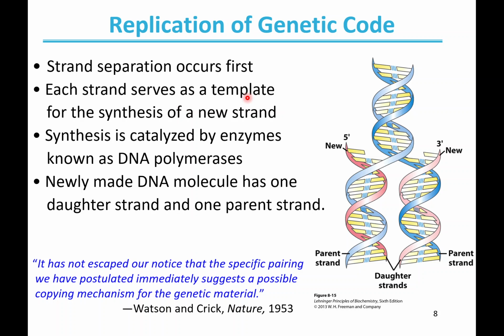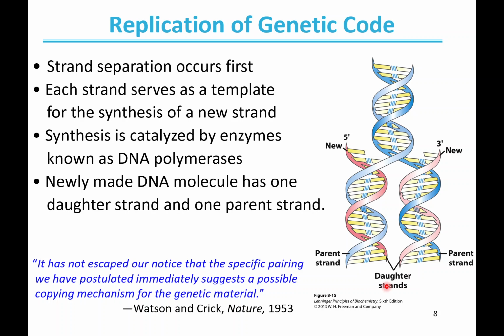So when you replicate the genetic code, first the strands have to separate, so the blue strands have to separate from one another. Then each strand will serve as a template. We refer to those as parent strands, and the DNA that is synthesized from those we refer to as the daughter strands.